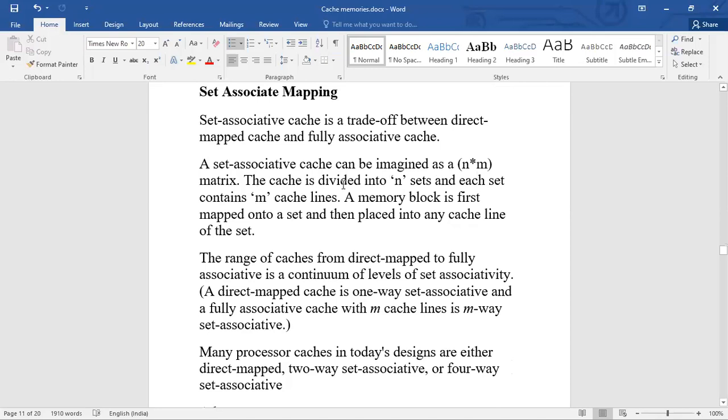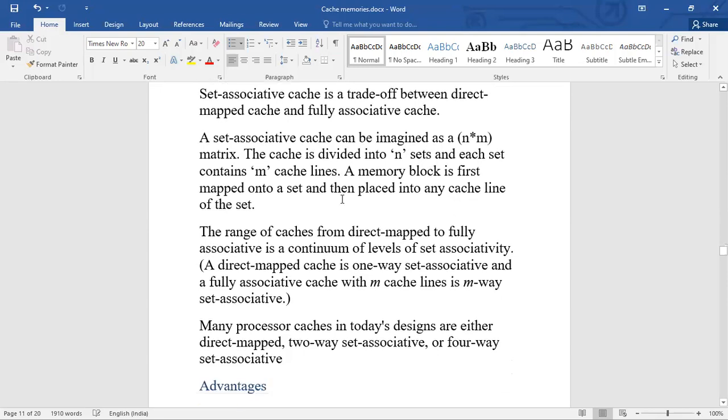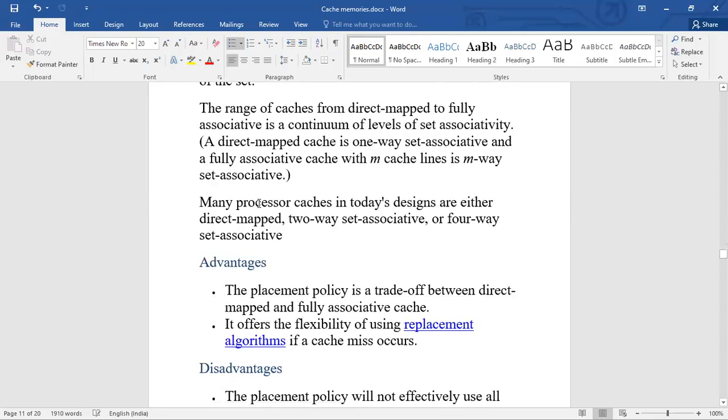That is, the cache is divided into n sets, and each set contains m cache lines. A memory block is first mapped onto a set and then placed into any cache line of the set.